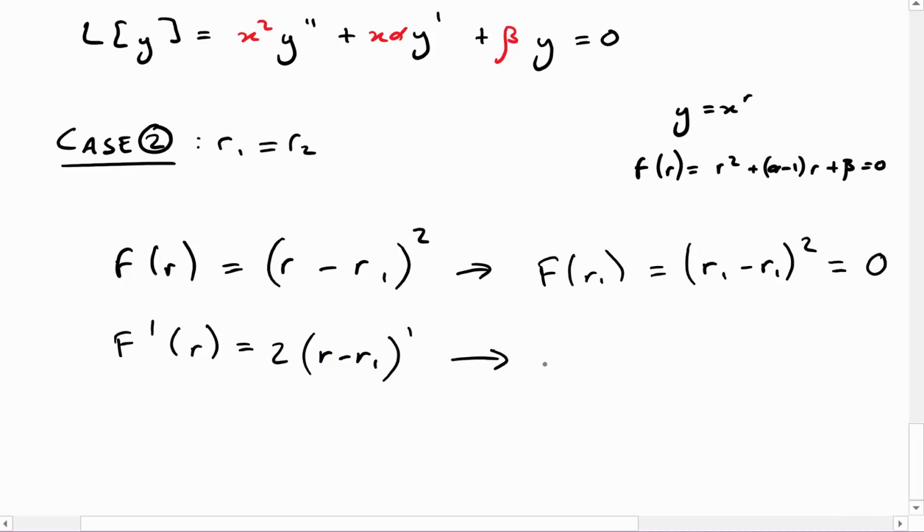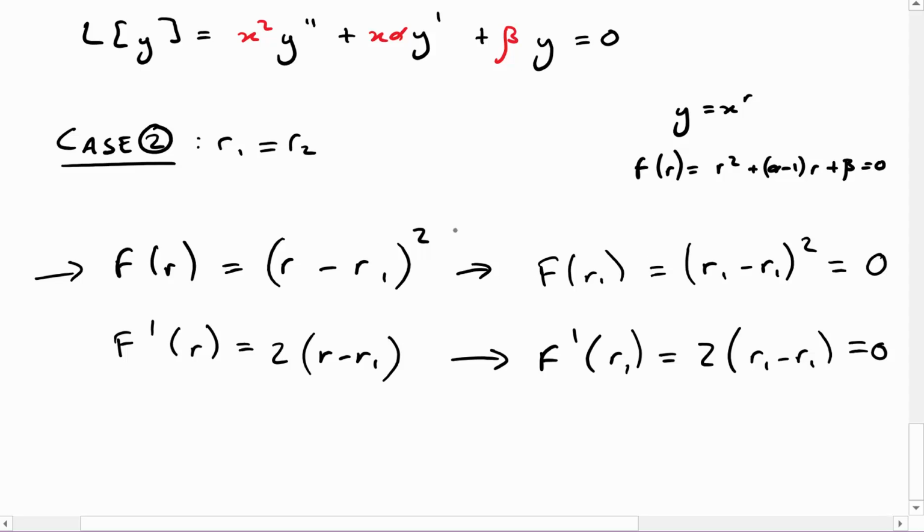Now let's see what happens if I put in r1 into that. The derivative of f evaluated at r1 is 2 lots of r1 minus r1 to the power of 1, and that's obviously 0. It's 2 times 0, which is 0. So what I'm saying here is that this is my f, and I've factorised it into a double root.